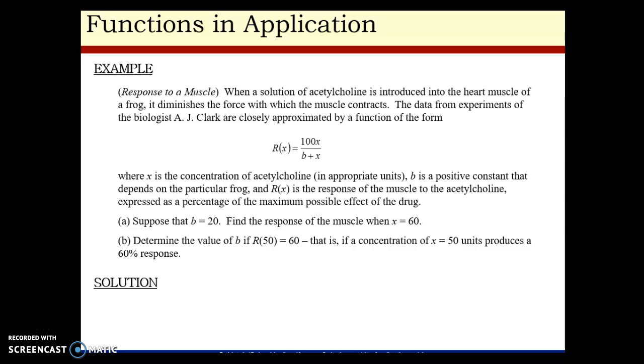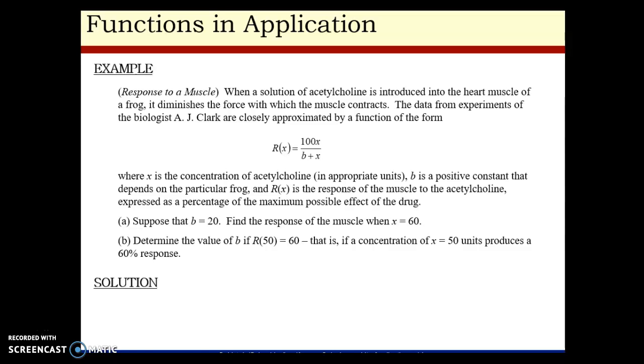Now we look at functions in applications. So let's look at this example. When a solution is introduced into a heart muscle of a frog, it diminishes the force with which the muscles contract.